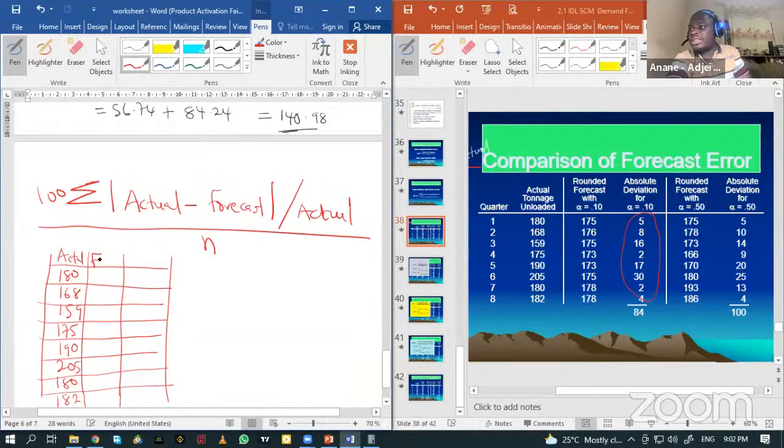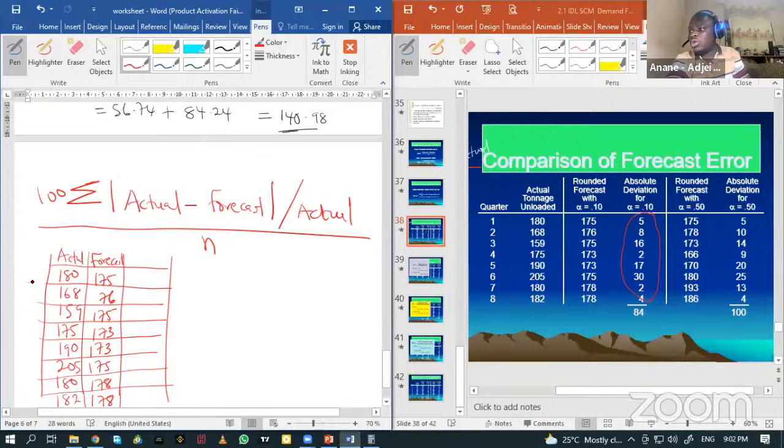And forecast. So forecast here is 175. Here is 176, 175, 173, 173, 175, 178, and this is 178 here.